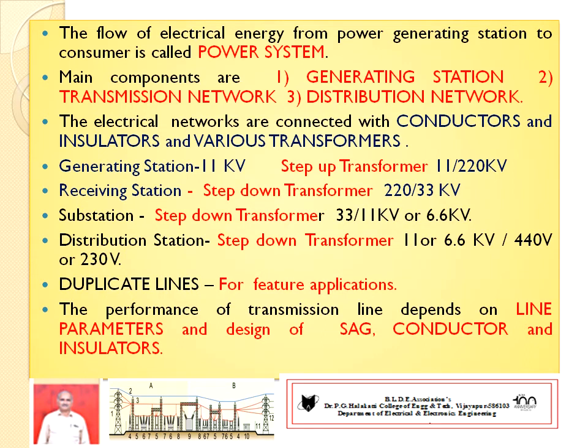Again, the voltage level is reduced by a step-down transformer, 33/11 or 6.6 kV. From the substation to the distribution station, it is 11 kV or 6.6 kV or 440 volts. The performance of a transmission line depends on line parameters and design calculations.